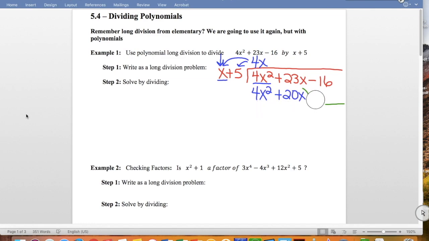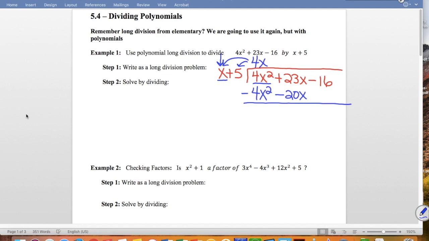I'm going to carefully erase this stuff and rewrite the whole negative 20x. If you don't understand what I did right here, it's because I'm subtracting everything now. I'm changing the signs of both of my terms. Now I can go ahead and do the actual addition.